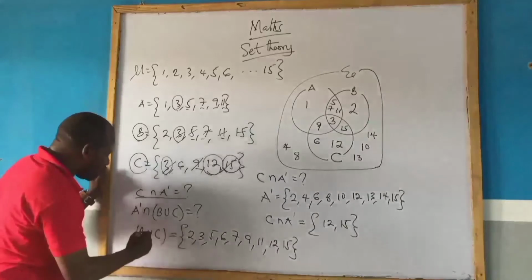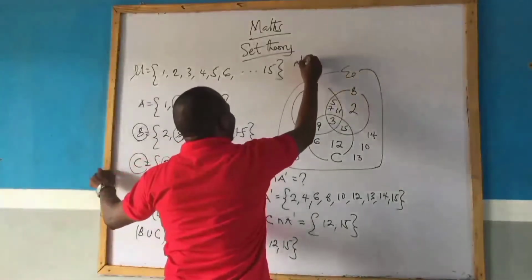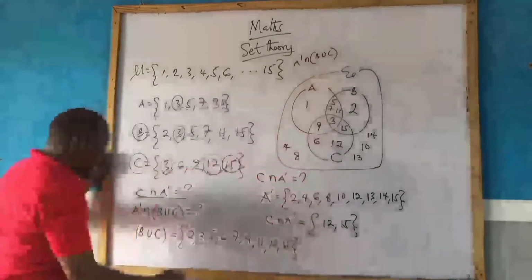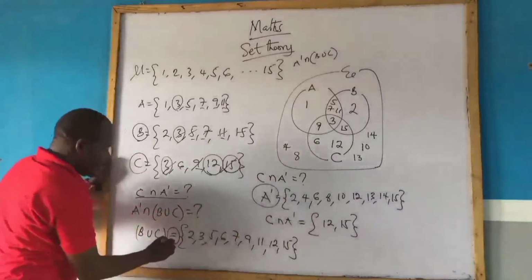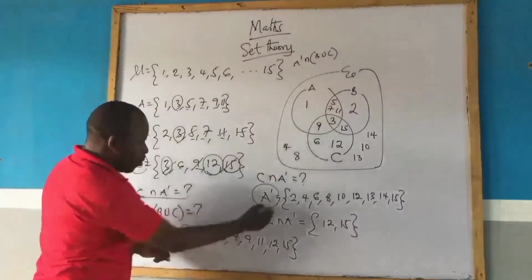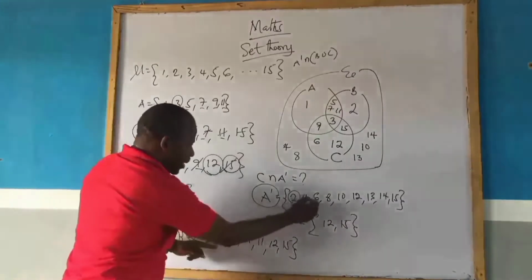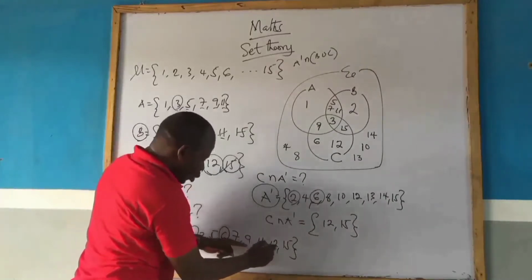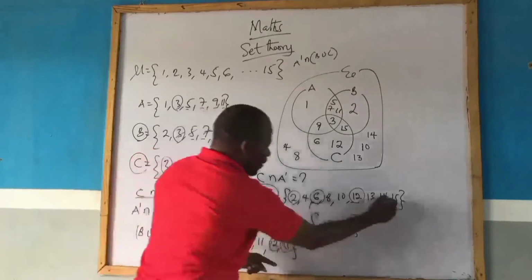So if you go back to the original question, which is A intersection B union C, it now means the elements common between this list of elements and this list of elements. So what are common? 2 is here, 2 is here. 6 is here, 6 is here. 12 is here, 12 is here. 15 is here, 15 is here.